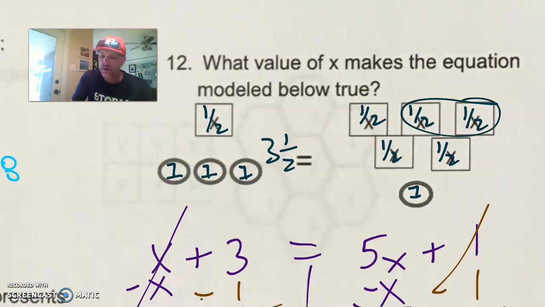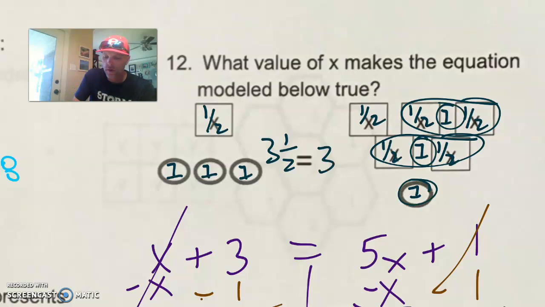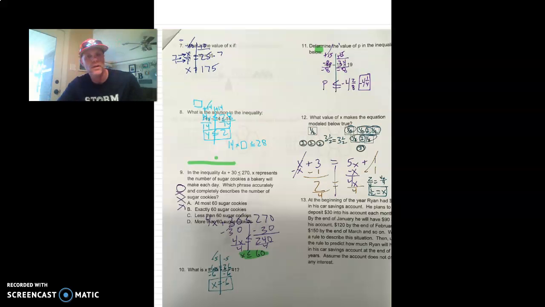So this right here is 1. This right here is 1. Alright, so we've got 1, 2, 3, and that half. So 3 and a half does equal 3 and a half.